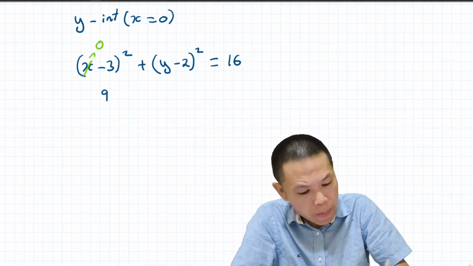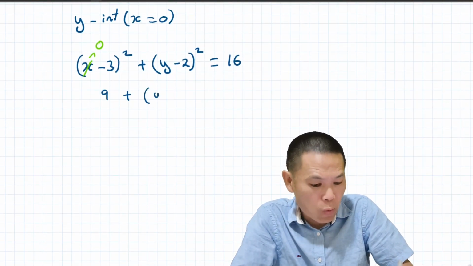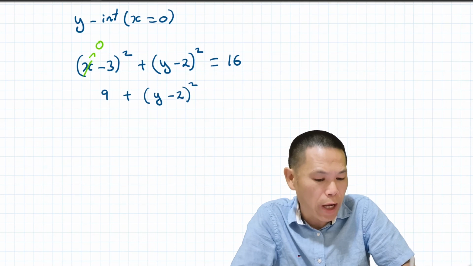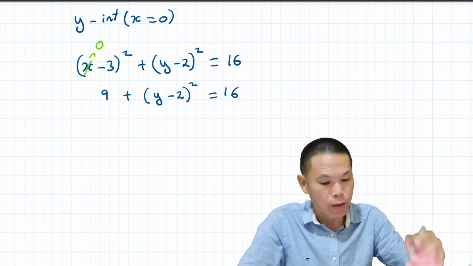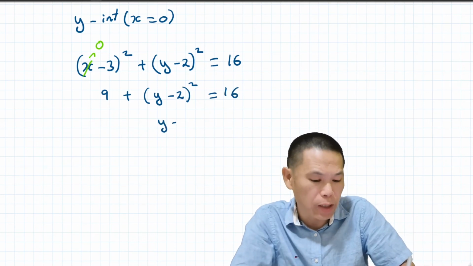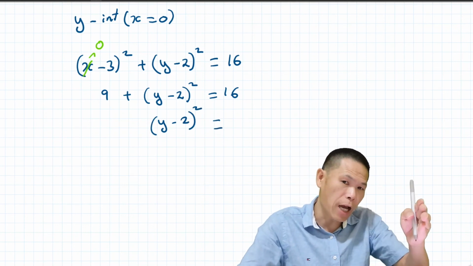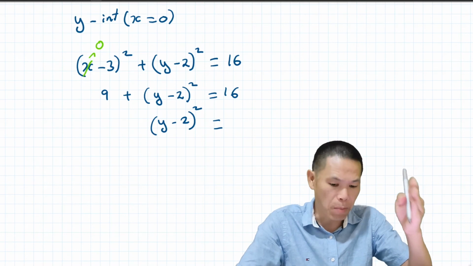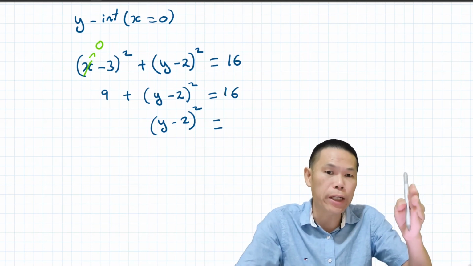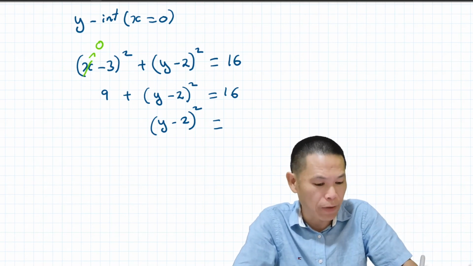This means 9 plus (y − 2) all squared is equal to 16. So (y − 2) squared is equal to, I move the 9 to that side, 16 minus 9, which is 7.